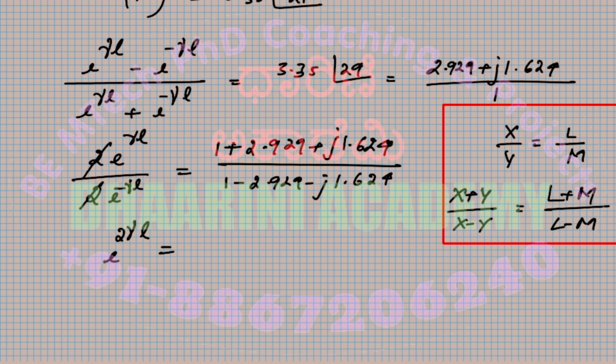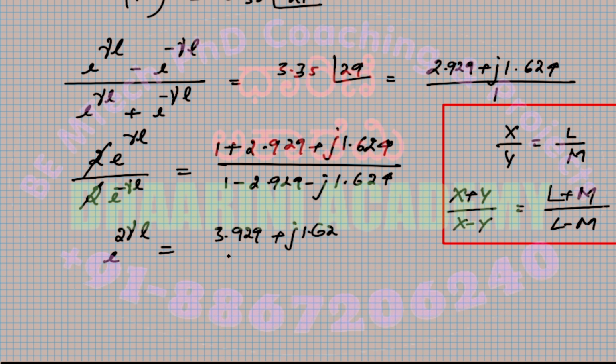Okay, so real terms you try to simplify. So this is 3.929 plus j 1 point. Yeah, we'll come to that. No, we have a solution. Just give me a simplified answer over here.